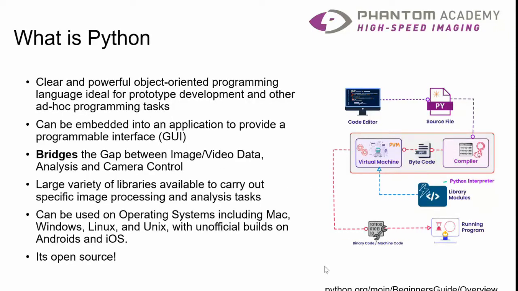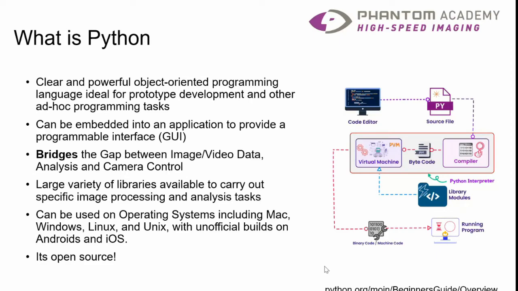Python is a very powerful programming language, considering the classes. It's an object-oriented one, and it's ideal for prototype development and also other kinds of programming tasks. You can also use Python as an embedded language and create different graphical user interfaces to use it.